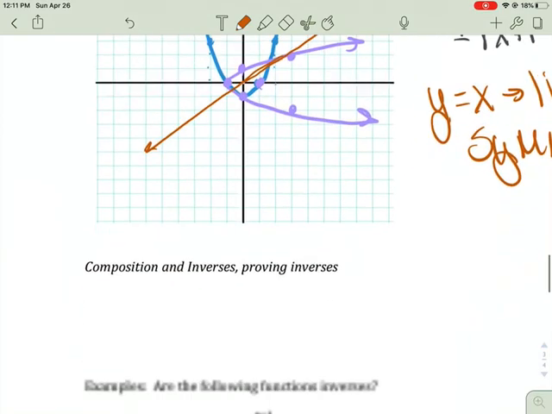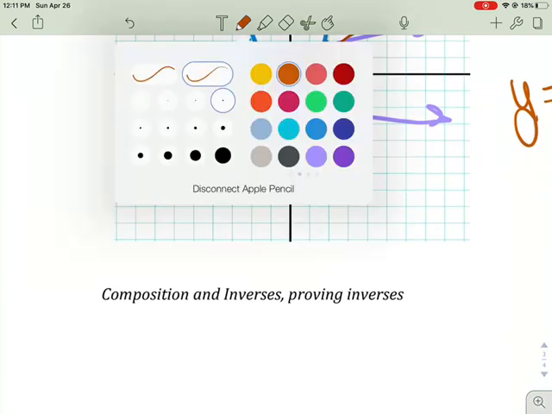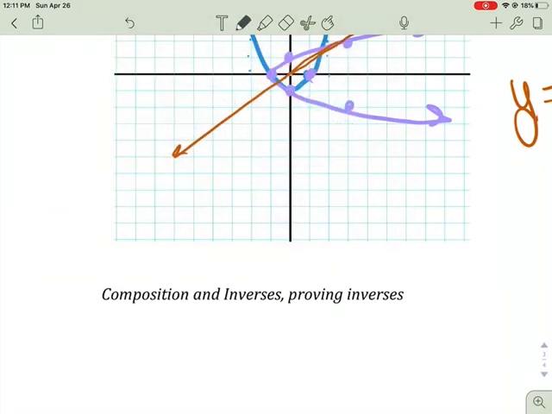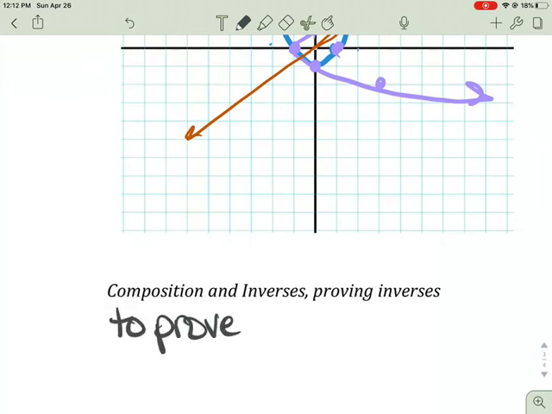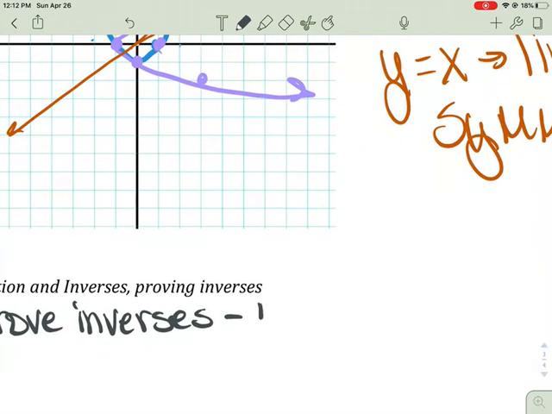Now, our last thing that we're going to look at is how do we prove that two things are inverses? And I have these two equations, and I want to know, are they inverses of each other? Well, we're going to have to do composition. That's the only way to prove inverses. So to prove inverses, you have to do composition.